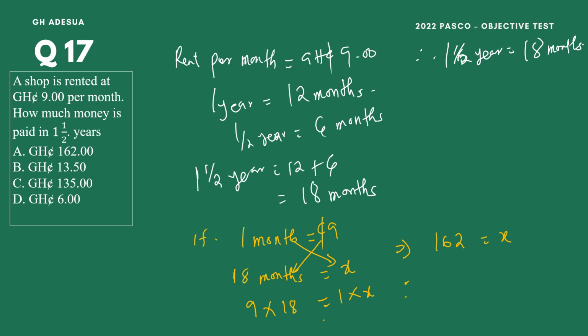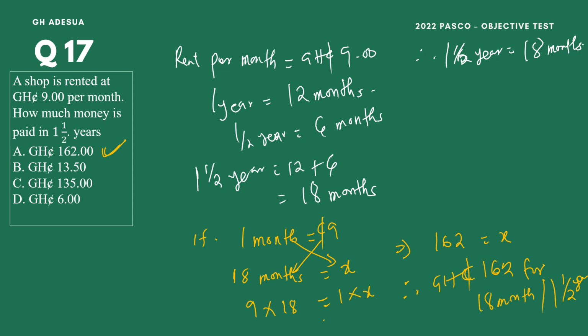So therefore, she pays 162 Ghana cedis for 18 months or 1.5 years. And that is our option A. Hope that is well explained and understood.